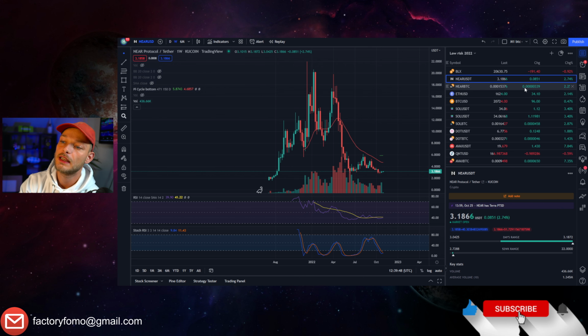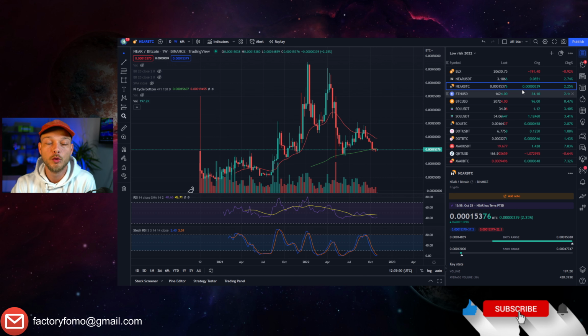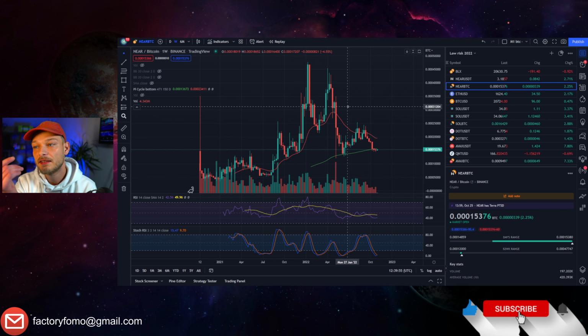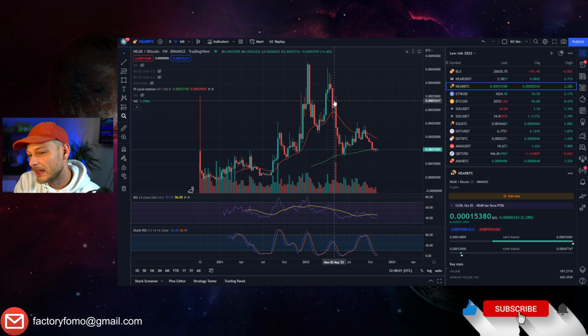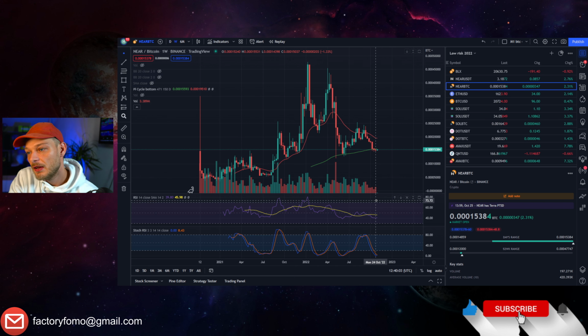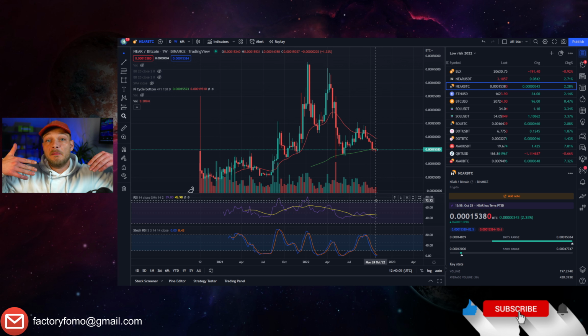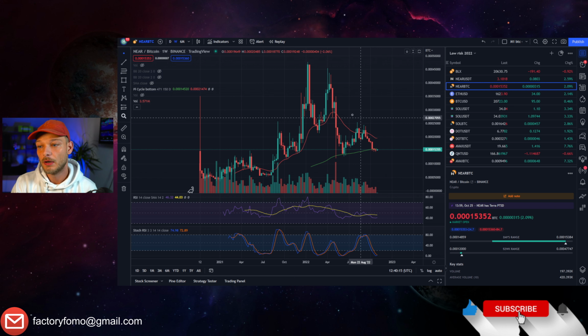But what I'm also looking at is NEAR Bitcoin. This is what I'm doing for every coin that I have, but also the Bitcoin chart, right? So it might have come down a lot in dollar value, but compared to Bitcoin, it didn't come down that much. And that's mainly because Bitcoin went down like 4x. Now more like 3x, but in total it came down almost 4x from its all-time high, right?